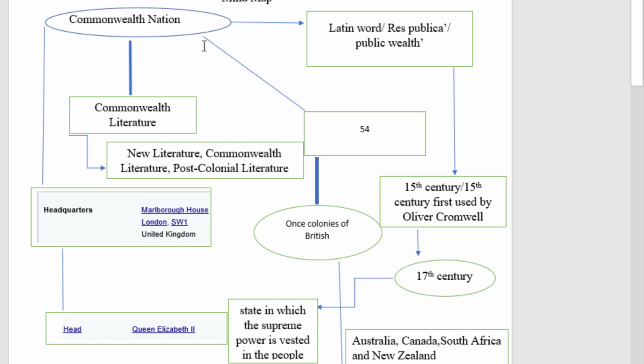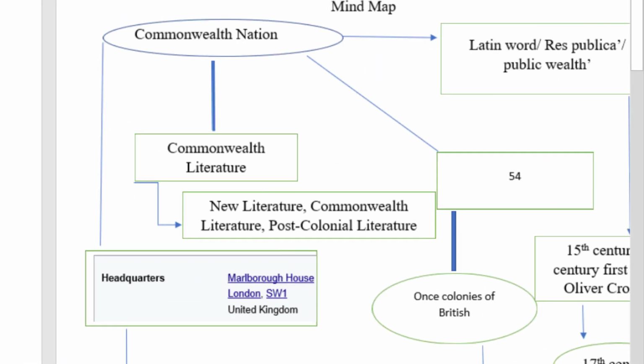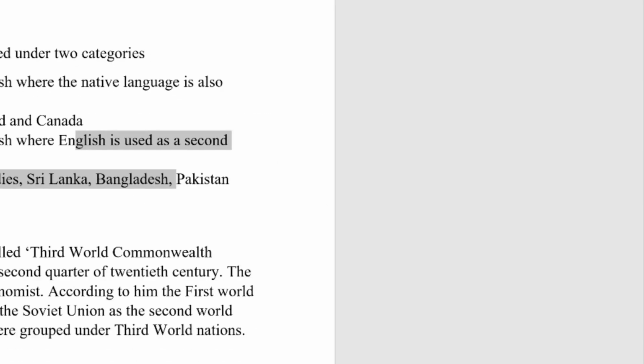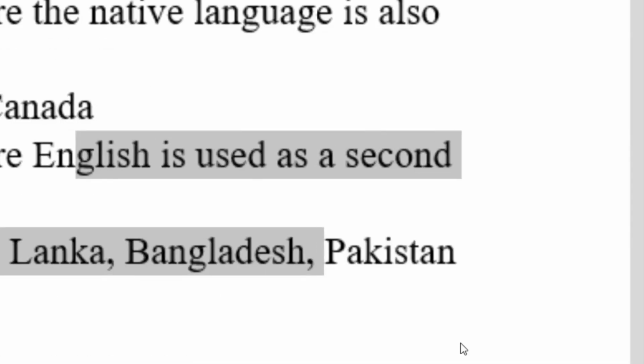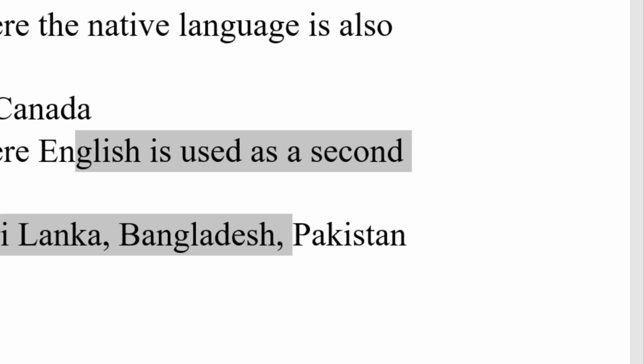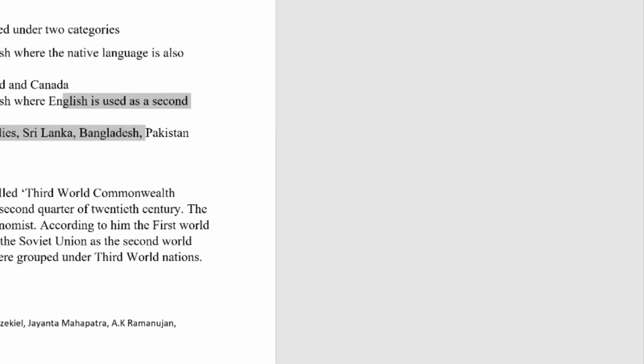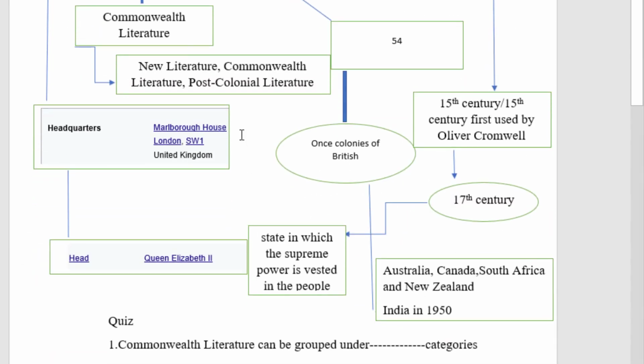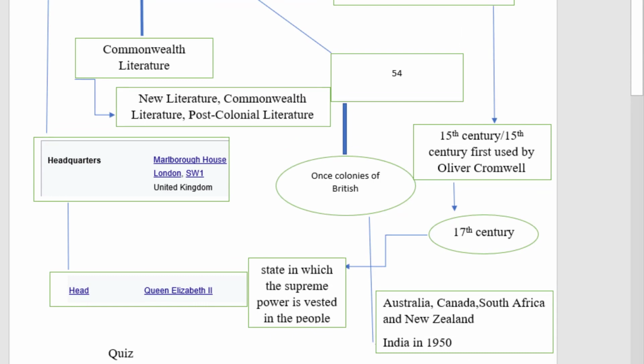There are at present 54 nations. Now coming to the headquarters: there are 54 Commonwealth nations at present.